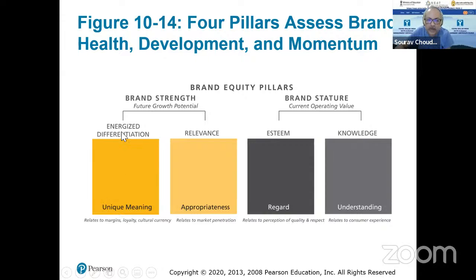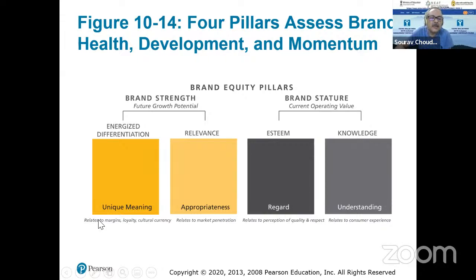One is differentiation, which is brand strength, and then relevance. How relevant is the brand to the consumer? And brand stature. Stature means the brand's overall image. Esteem: how prestigious is the brand, and how much knowledge do you have about it? So the first is uniqueness. Then appropriateness, regard and respect for the brand, and finally understanding about the brand, the knowledge and awareness about it.